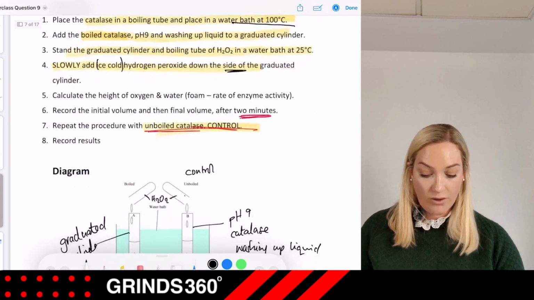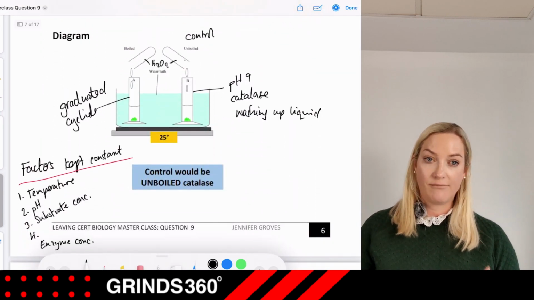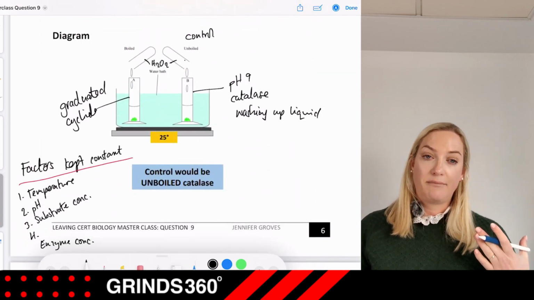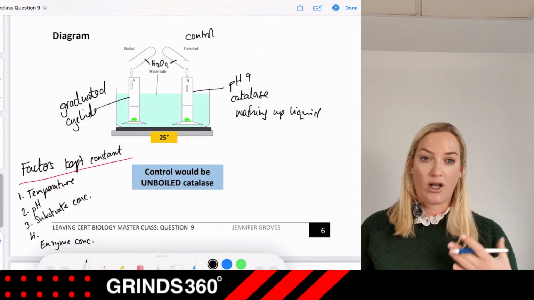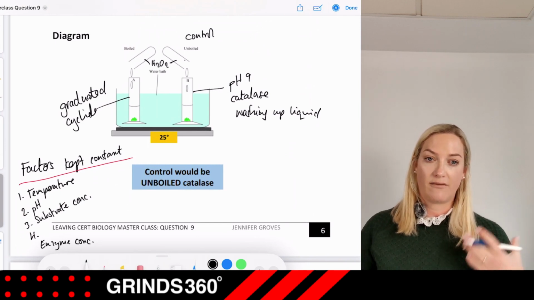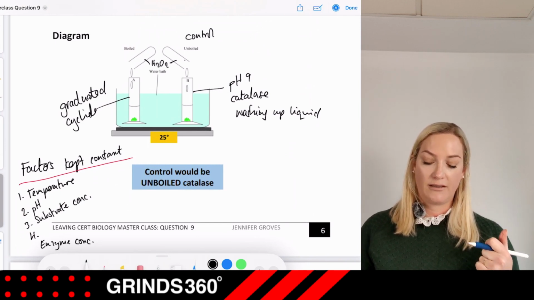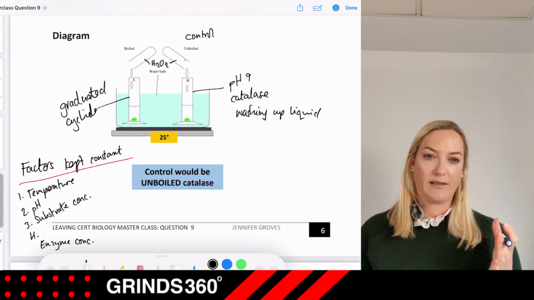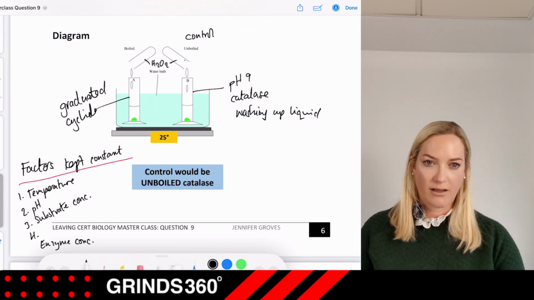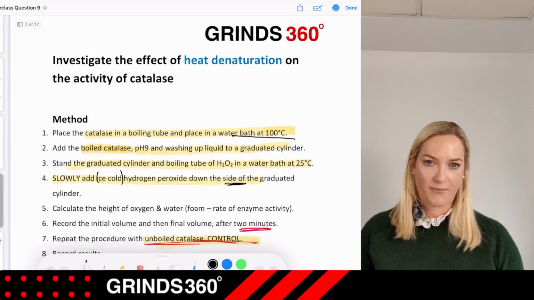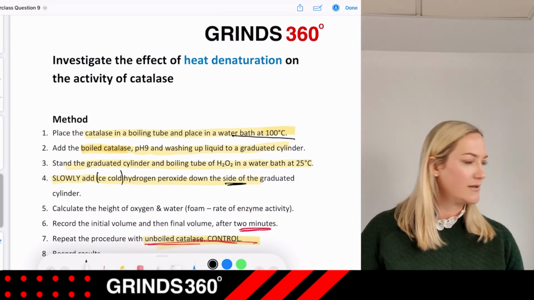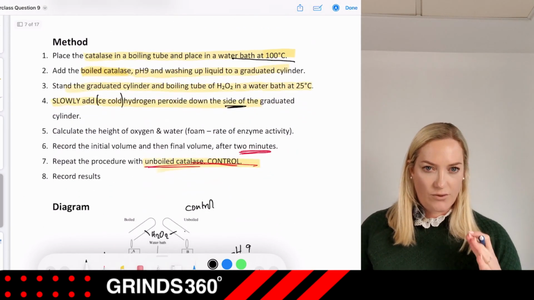So I would really have mainly pH and heat denaturation on my radar for my mocks and for your summer 2025. I haven't seen any mock papers yet, not released, but I think this, and sorry, I'm just checking for a question. So do not ignore this.